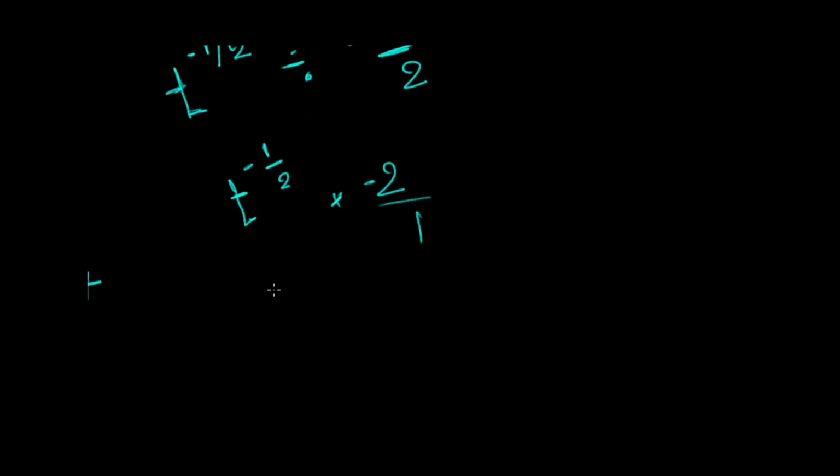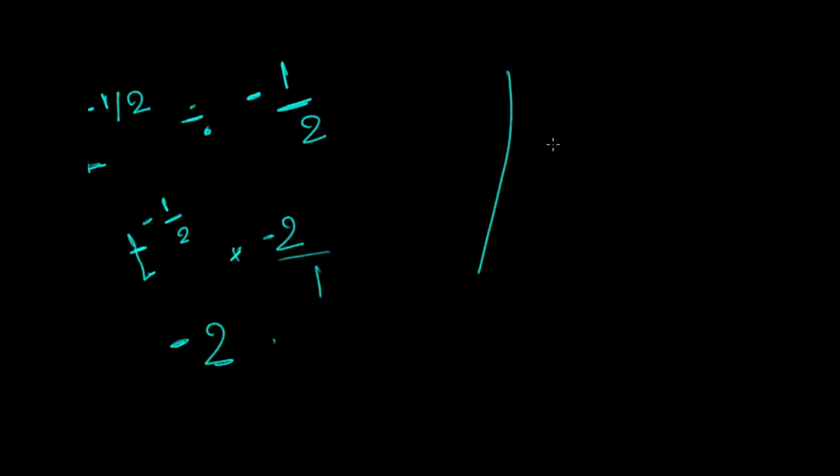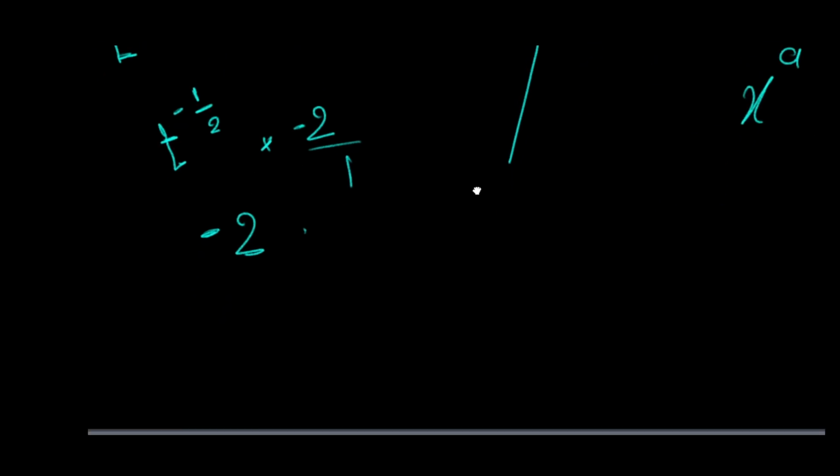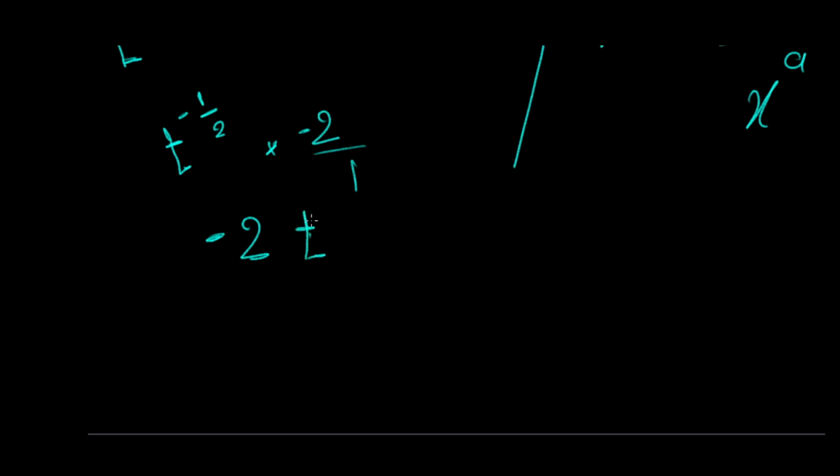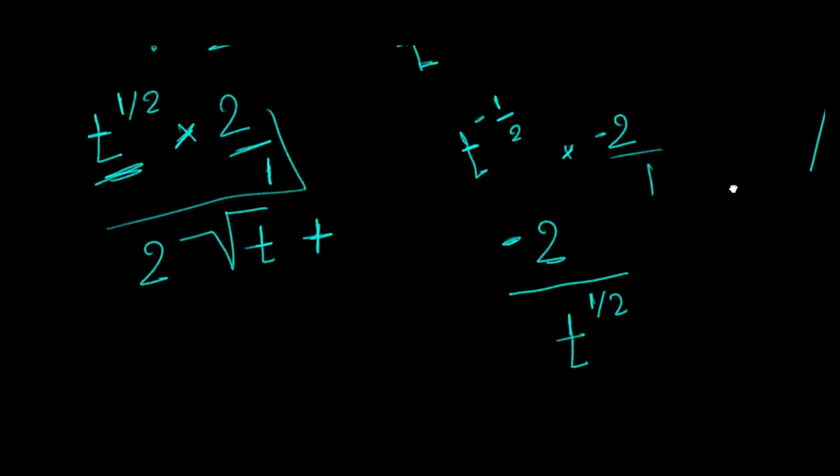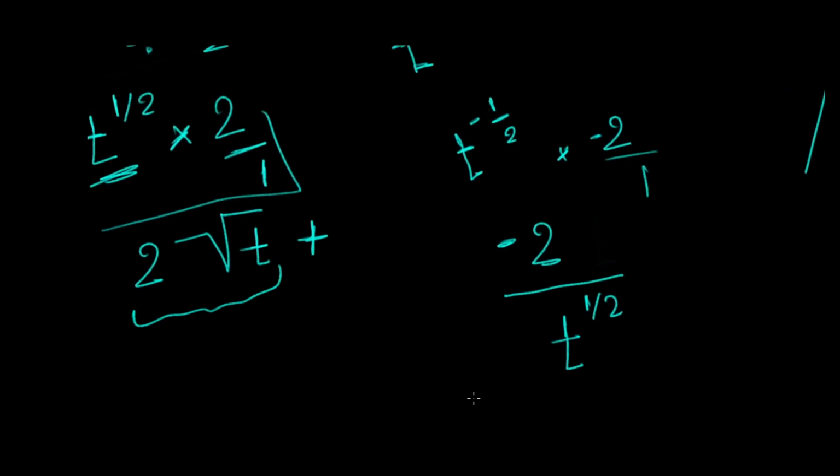Okay, it's going to be negative 2. And let's review this property again. Over here we have x to the power of negative a, it's also equal to 1 over x to the power of positive a. Alright, so here we have t to the power of negative 1 over 2, or we can just write it in the denominator as negative 2 times 1 over square root of t. So at the end we will have this part added to this part plus c.